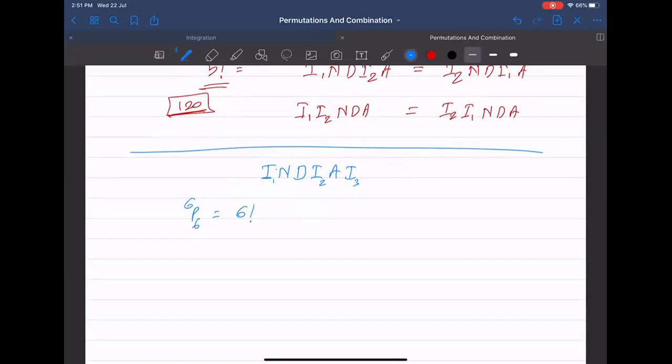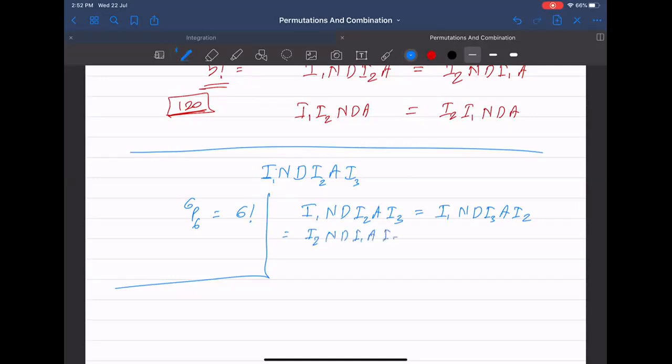So how much duplication has happened? Can anyone tell me? Three things will be equal. Look, I1 D I2 A I3 is the same thing as I1 D I3 A I2, which is the same as I2 D I1 A I3, I2 D I3 A I1, I3 D I1 A I2, and I3 D I2 A I1.